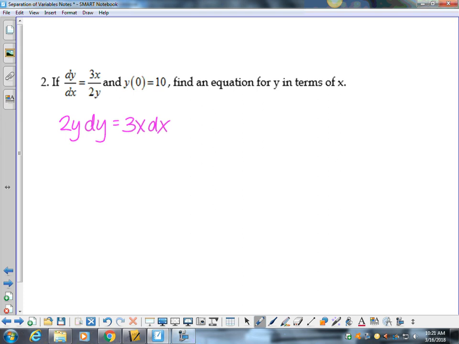Everybody's separated. Everybody's good. Now what? Integrate. So y squared equals, and the c's get to kind of morph together.